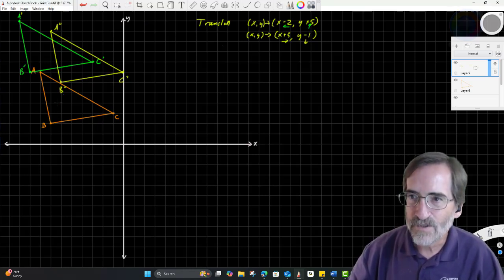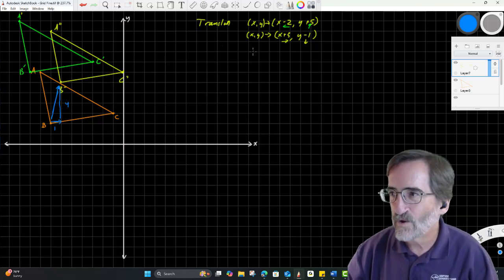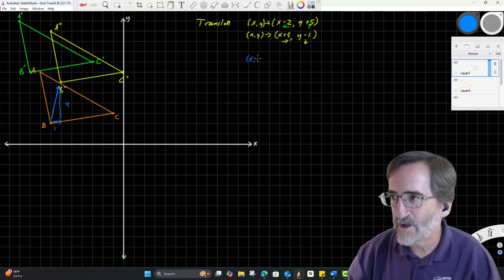And I'm just going to sketch this one. Right 1 and up 4. So this amounts to this transformation: (x, y) becomes (x plus 1, y plus 4).